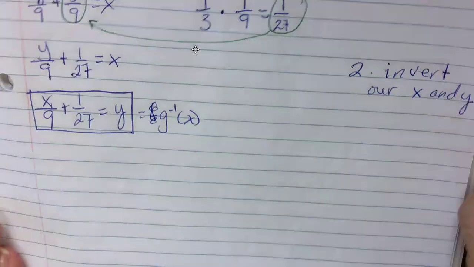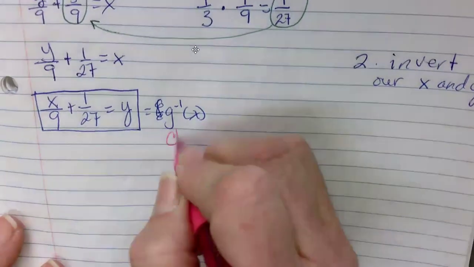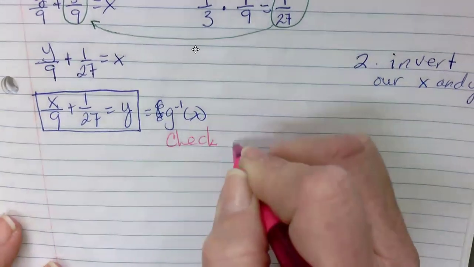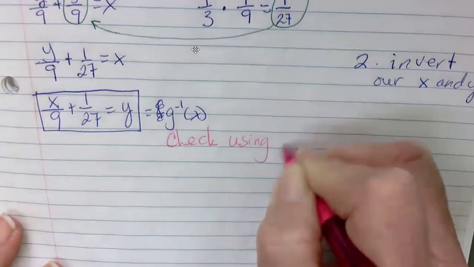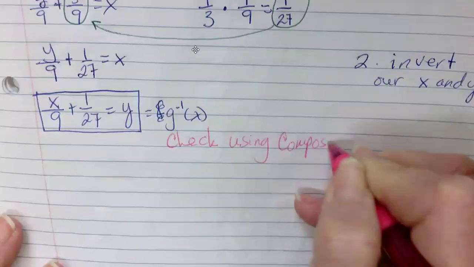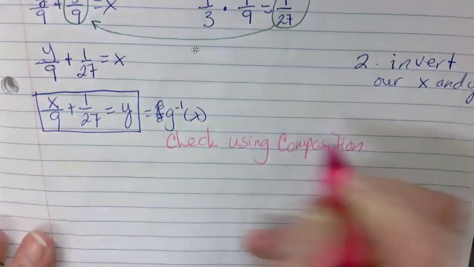And then we get to go check them, right? We check through composition. So I'm going to write check using composition. Composition is what we learned last week, so you're pretty good at this.